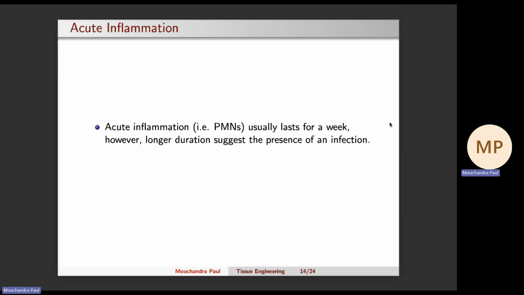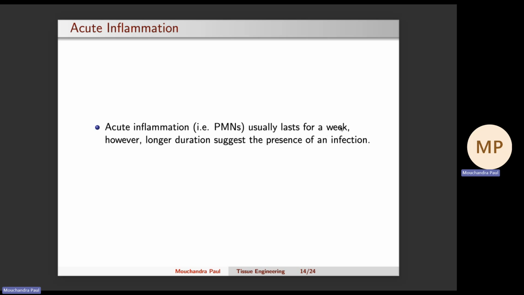The PMNs, that is the neutrophils, are the predominant cells in the acute inflammation stage, and their numbers or intensity can be seen very high for only a week. I was confused in the previous slide about how long neutrophils will stay, so this point makes it clear.